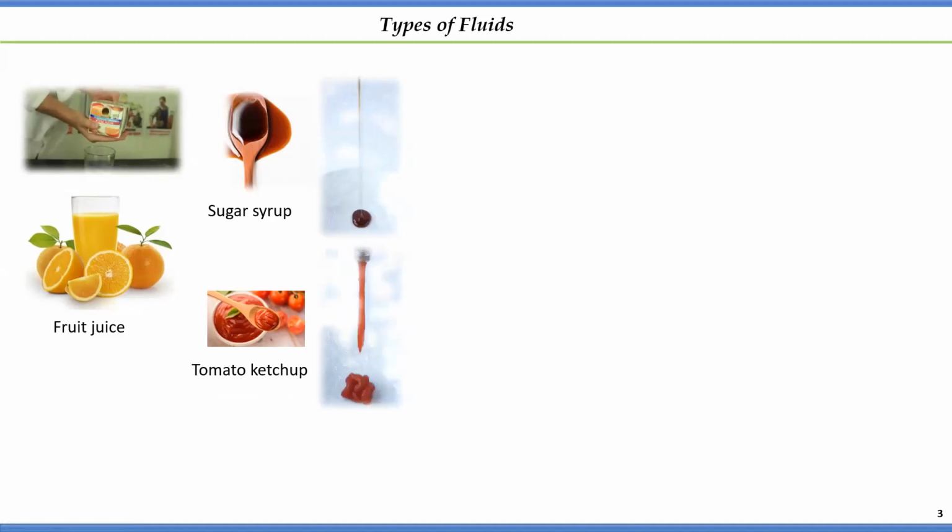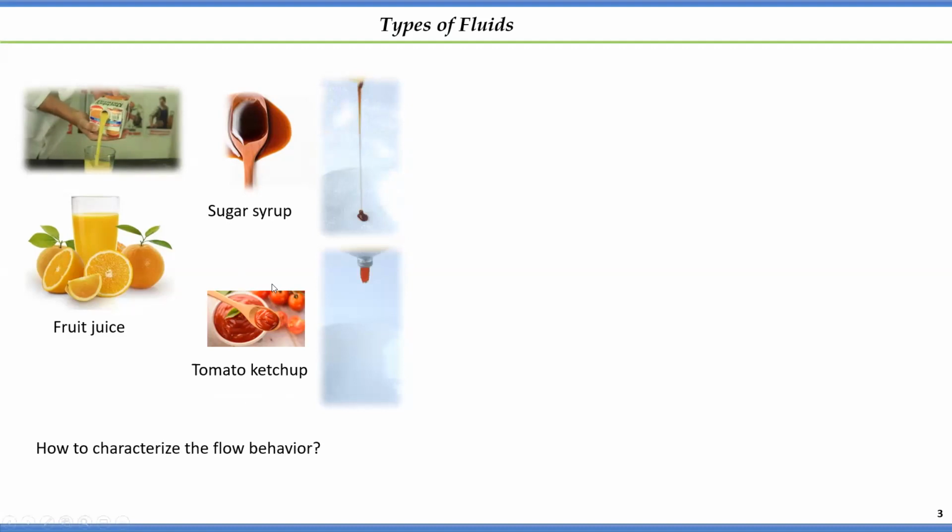So the question is, what makes them behave so differently, and how can we characterize this behavior in general? The answer comes from the study of the rheology of such fluids. And what does rheology describe?